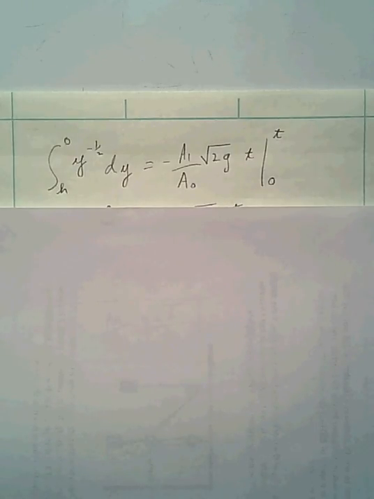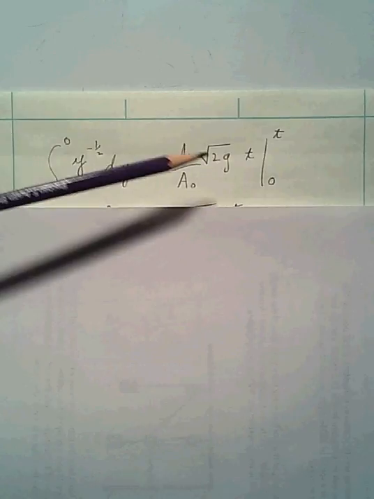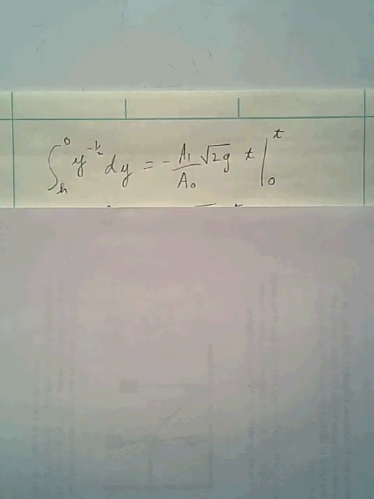You have to evaluate that from 0 to t. But on the left-hand side of the equation, you've got to integrate over the y variable. And remember that the water starts out at h and decreases all the way to 0. So if you integrate this side of the equation, you should be able to solve for t and get the desired expression. And I'll let you finish that problem.